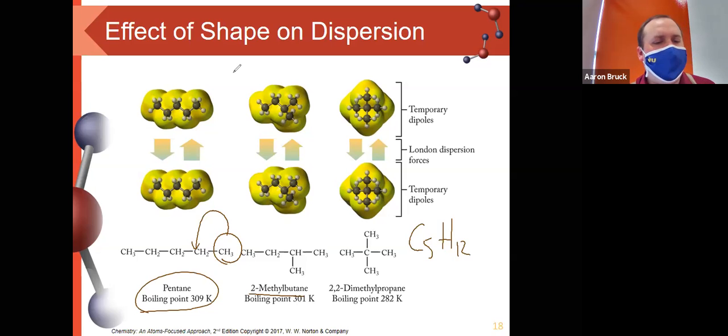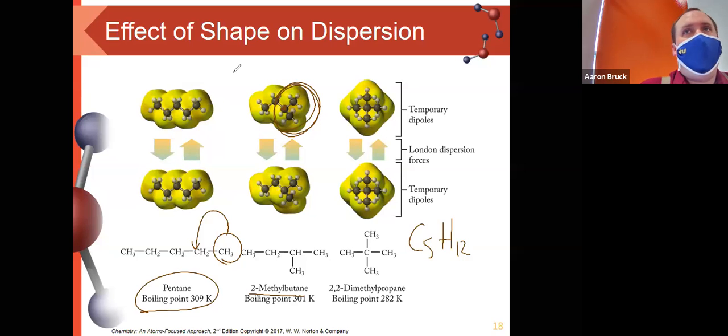And we see that in 2-methylbutane, we see a drop in boiling point. It went down by about 8 degrees. Why? This little branch group right here is a little bit more bulky. Methylbutanes have a little bit more trouble interacting, especially with that center carbon that's now surrounded by 3 other carbons.